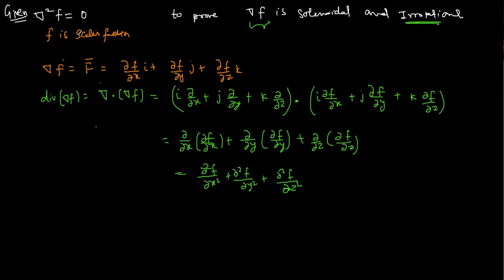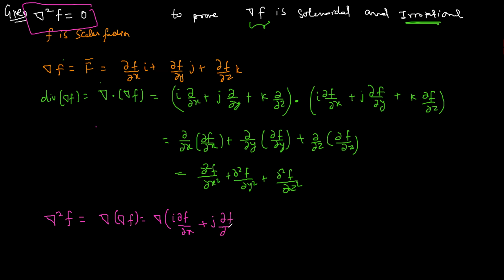Ah, right. Because in the question, this is the Laplace equation. First, I tell you what this is. Del square f means what? Divergence of grad f. Right? Grad f is nothing but i del f by del x, j del f by del y, k del f by del z.